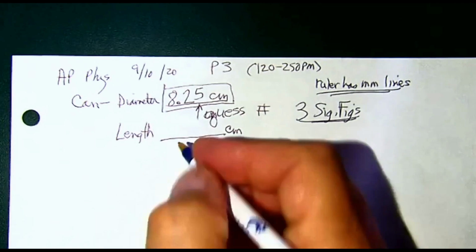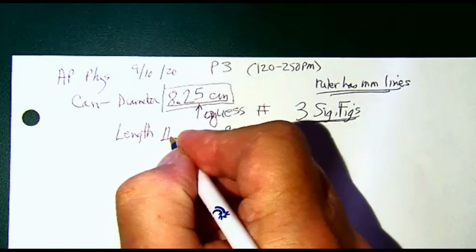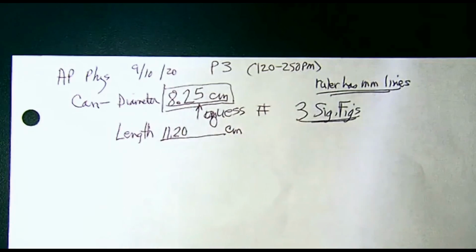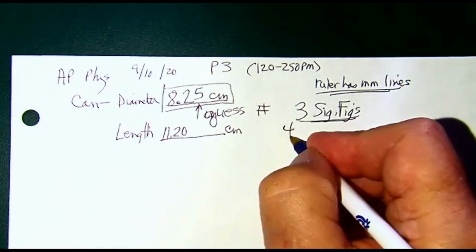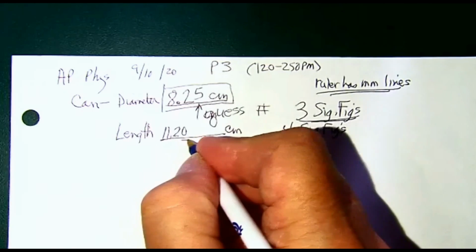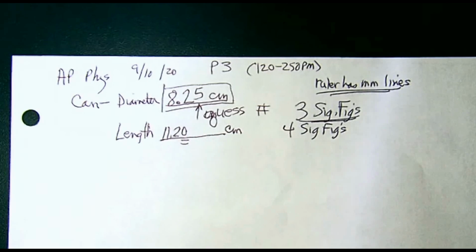So for me, mine was 11.2, right on the line, centimeters. So this is 4 sig figs. And that 0 was guessed at over on the end. That means it was right on the line. If you write down that 0, you guessed that it was right on a line. Okay?